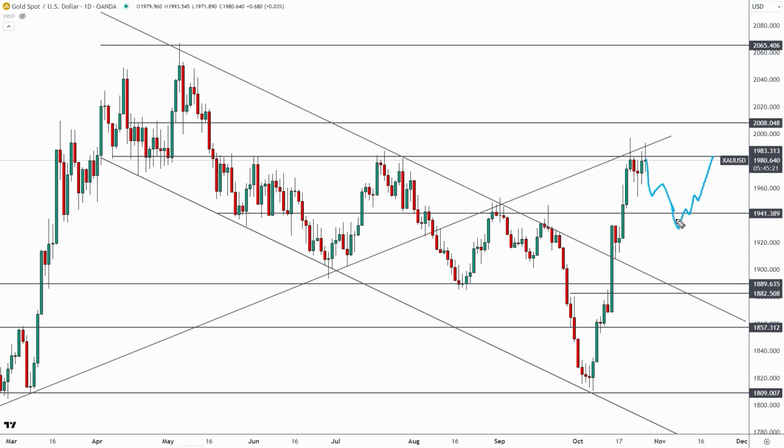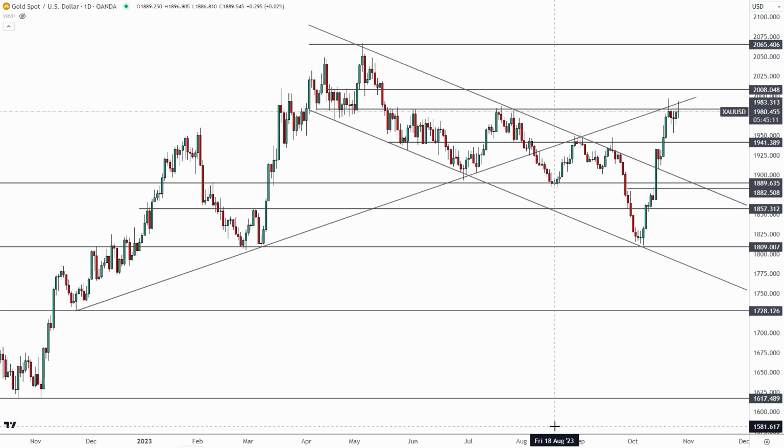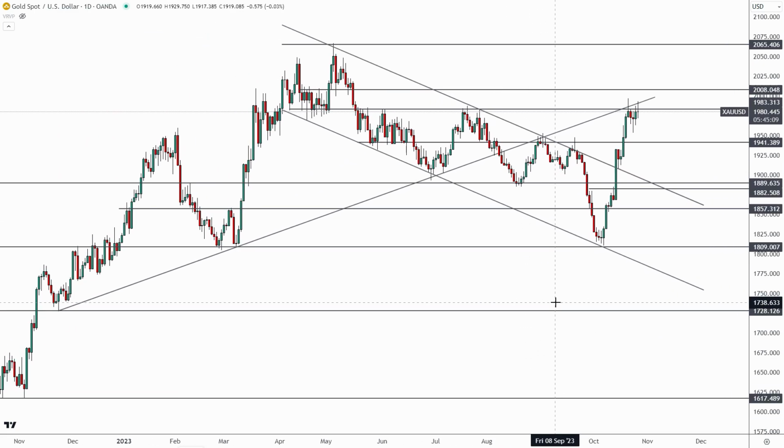So you've got to keep that in mind, as well as where the market is trading in relation to support and resistance. And it sounds very basic, but one of the most common mistakes that traders make is buying into resistance and selling into support. Now, the reason for that is kind of twofold. First of all, they may not know where these levels are.